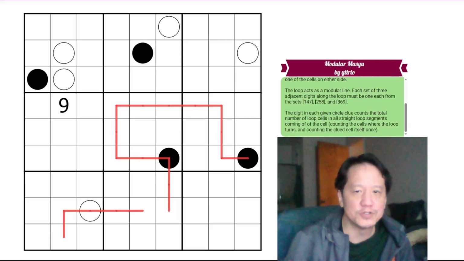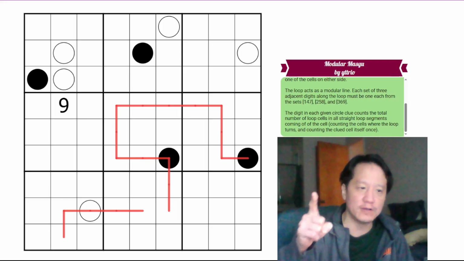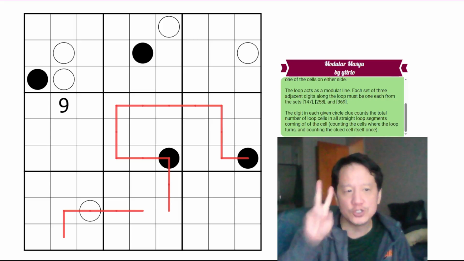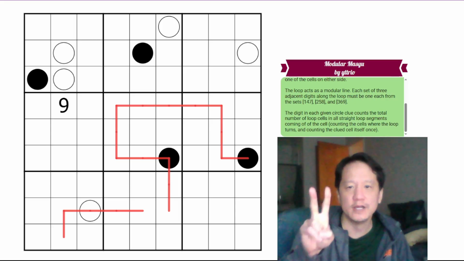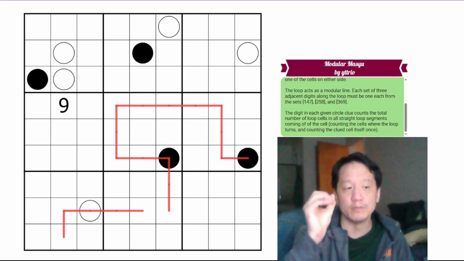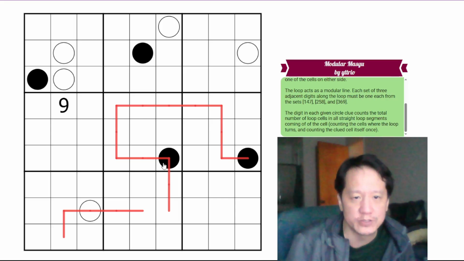That's how Masyu works. The loop acts as a modular line, where each set of 3 adjacent digits along the loop must be 1 each from the sets 147, which is 1 mod 3, 258, which is 2 mod 3, and 369, which is 0 mod 3, which is why it's called a modular line.